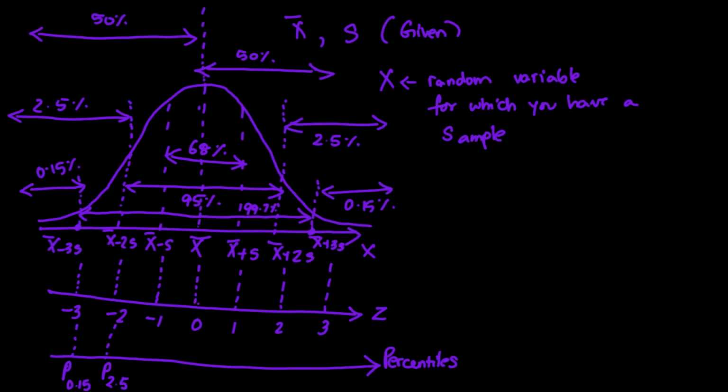If I carry on this way, I'll recognize soon enough that if 68% is in the middle between x bar minus s and x bar plus s, then what I don't have is 32%. So half of 32%, which is 16%, would be below x bar minus s, and 16% would be above x bar plus s.